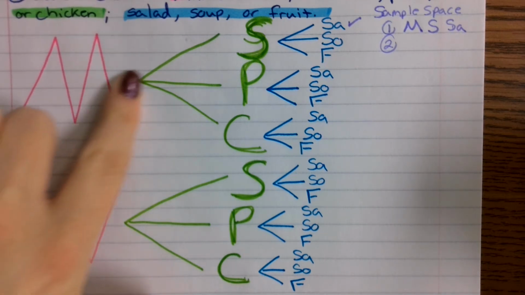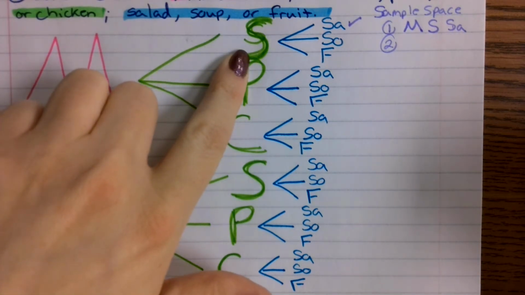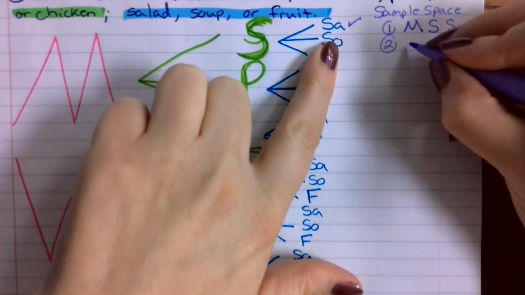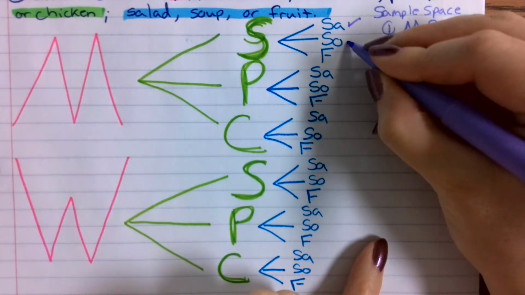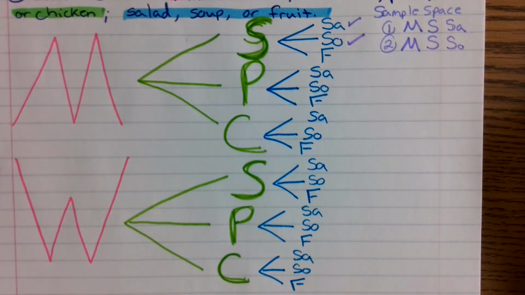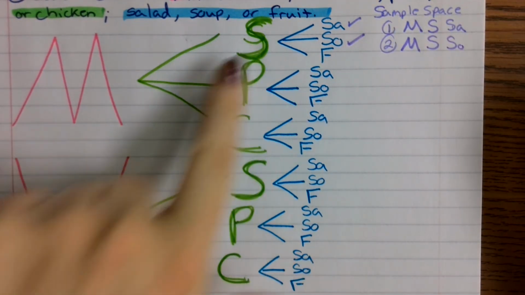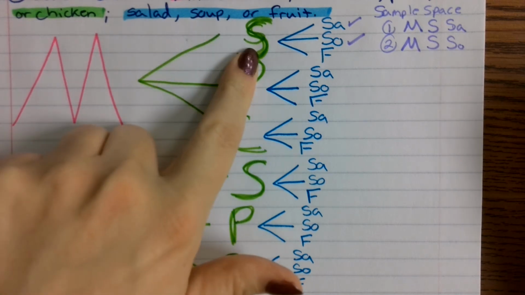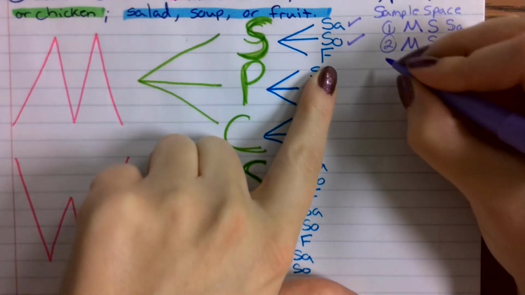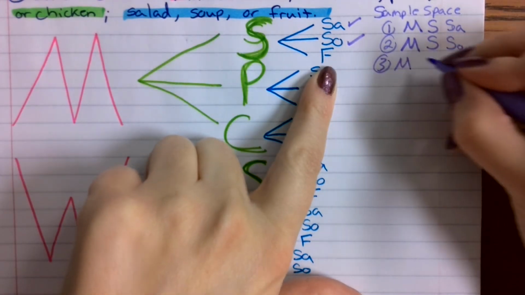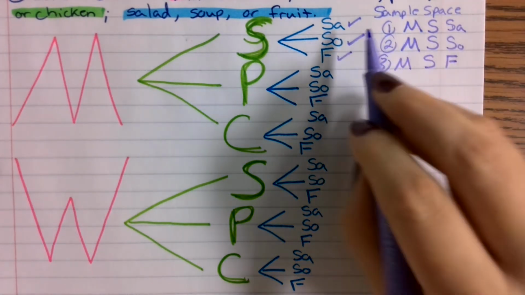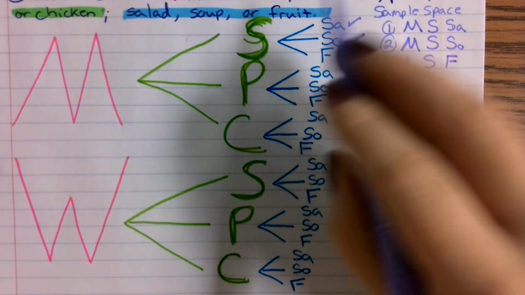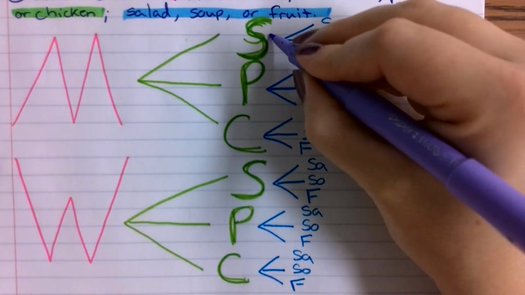Second one is milk. I can still go with sandwich because I still have more options. Soup. So milk, sandwich, soup. I'm done with that one. I still have one more with the milk sandwich variety. Milk, sandwich, and fruit.